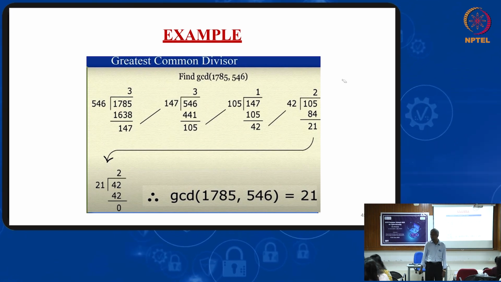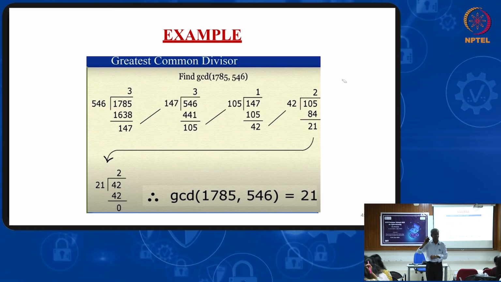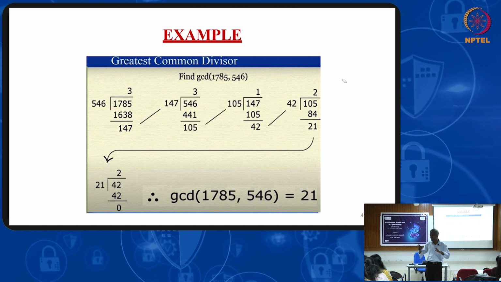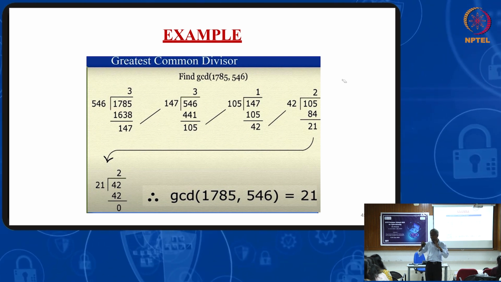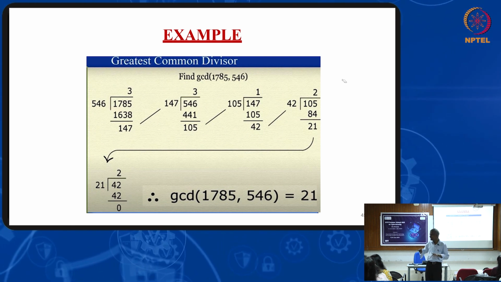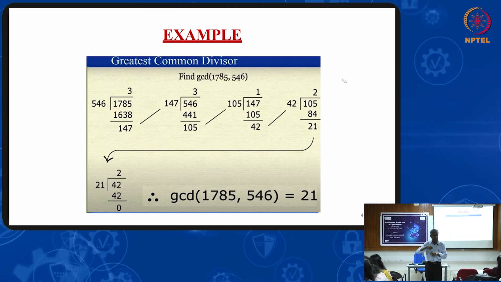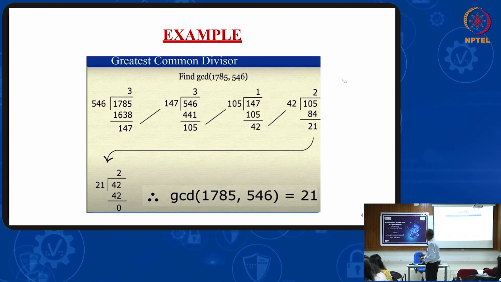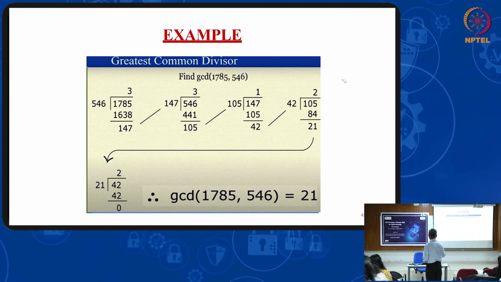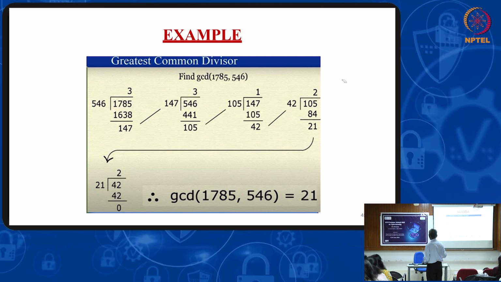So 21 is the greatest common divisor. This is the same as the Euclidean algorithm. It is called the division remainder method. In the division remainder method, you change only the divisor and the dividend every time. Whatever remainder you get becomes the next divisor.